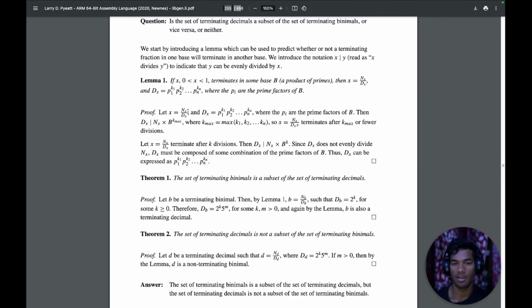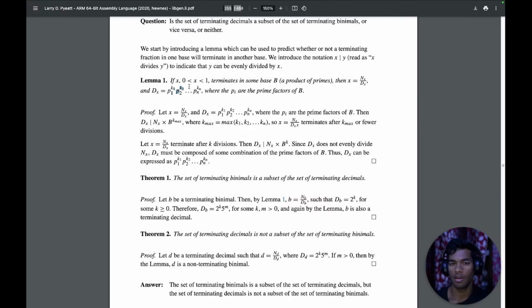x equals numerator divided by denominator, and the denominator equals this, where the pi are the prime factors of b. Then the denominator divides the numerator multiplied by kmax, where kmax is the maximum of k1 to kn. But what is even k?